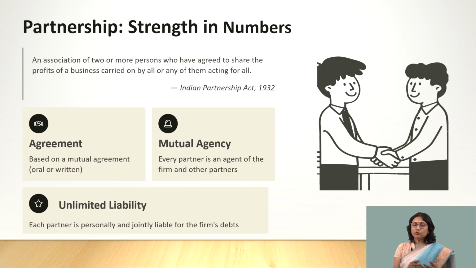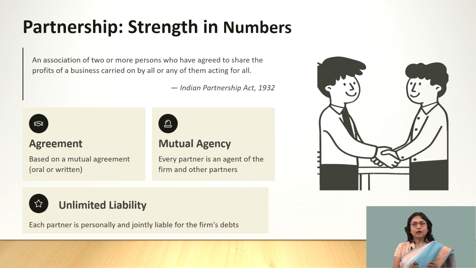Then there is a mutual agency involved in partnership. Mutual agency means every partner acts as an agent of the firm and of the other partners associated with that firm. When we say firm, the firm is that organization under which the business of partnership is being carried on.